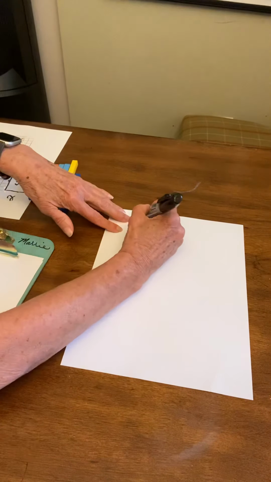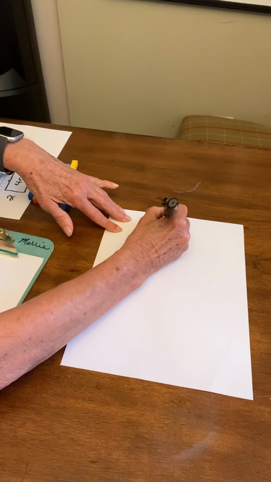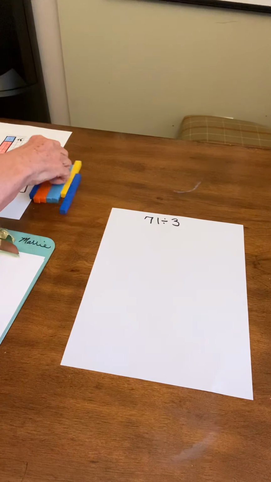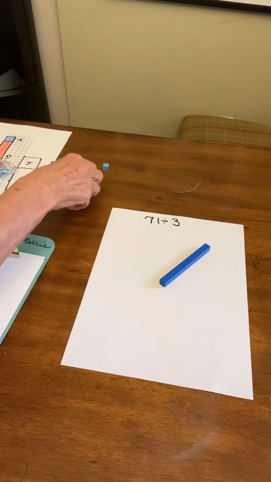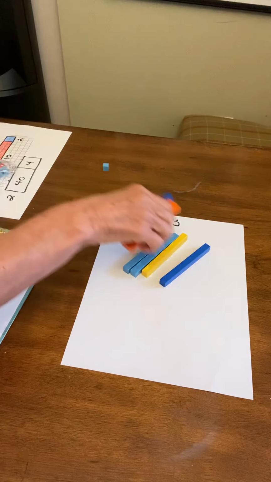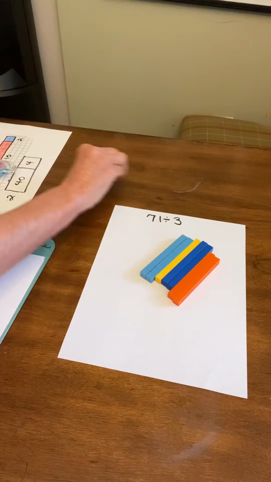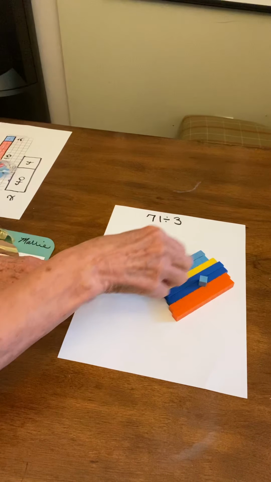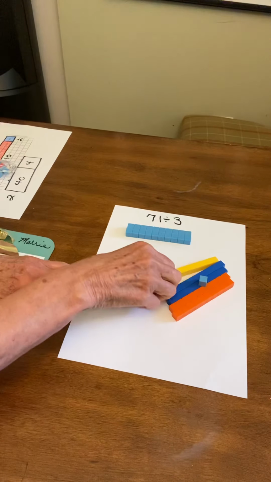So let's take the division problem 71 divided by 3. So let's take our 10, 20, 30, 40, 50, 60, 70, 71 divided into 3 rows. So I know I've got to have 3 rows over here.